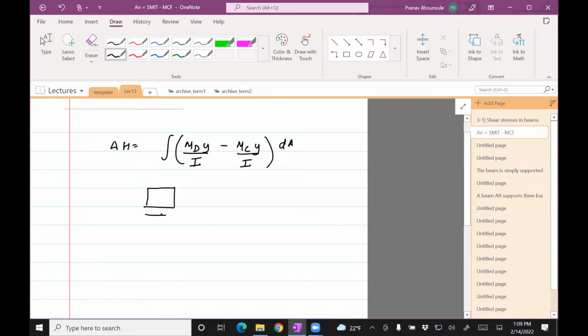Okay, remember that delta H was the stress on the lower end, which can also be written as the shear stress. Okay, and then this shear stress acts over the cross section.